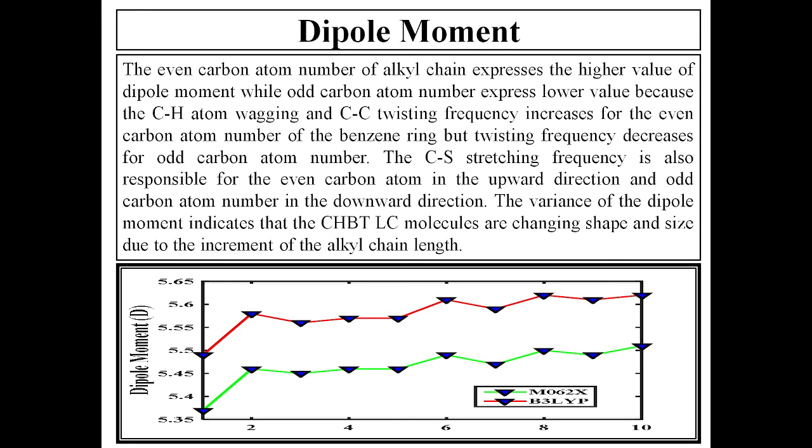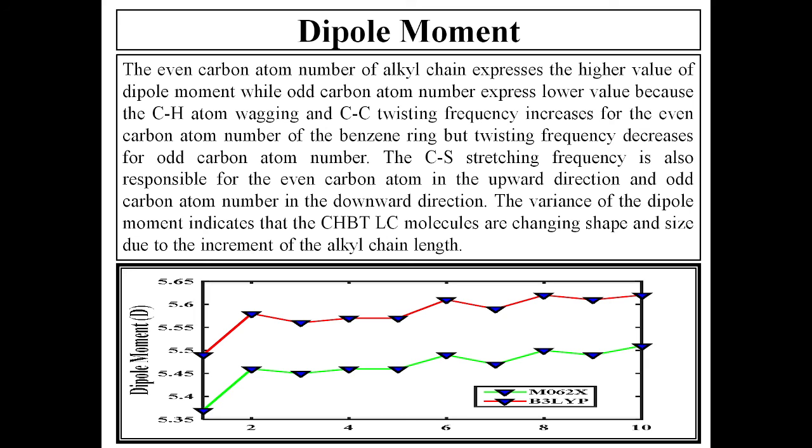however the even carbon number has a lower value. The dipole moment. The even carbon number of the alkyl chain expresses a higher value of dipole moment, while the odd carbon number expresses a lower value, because the CH wagging and CH twisting frequency increases for even carbon numbers on the benzene ring, but the twisting frequency decreases for odd carbon atoms.